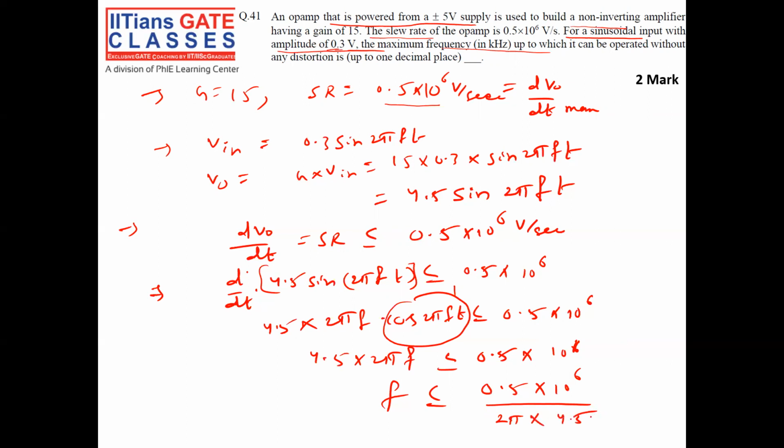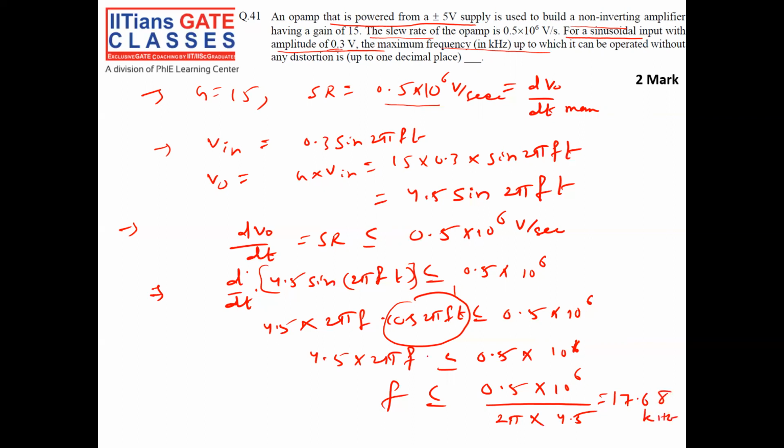Okay, let us apply 0.5 × 10^6 divided by 2 × π × 4.5. So I got 17.68 kilohertz.